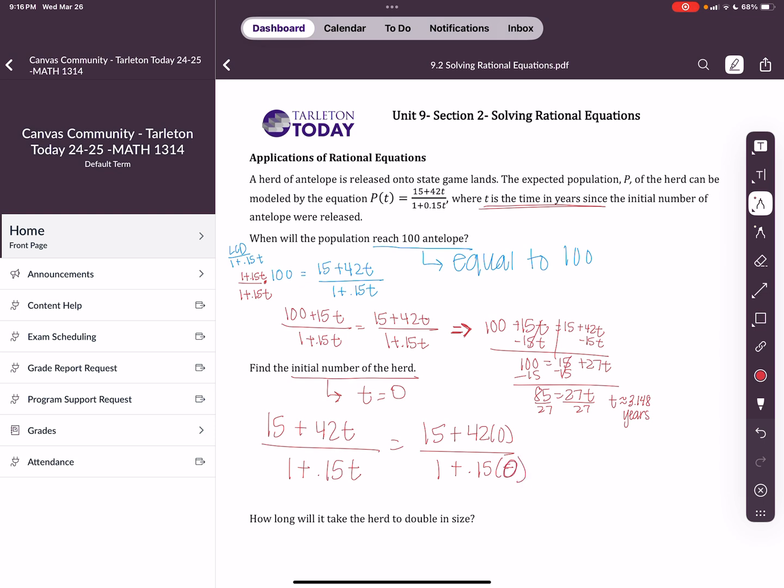Now, I know that y'all know this too, anything times 0 is 0, so that means that we have 15 over 1, which means the initial herd was 15 antelope. Okay? So that's how many were in the herd to begin with whenever they very first had the herd, and they released these antelope onto the state game lands.